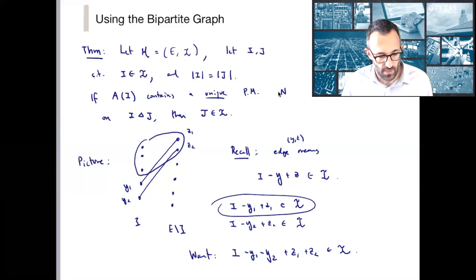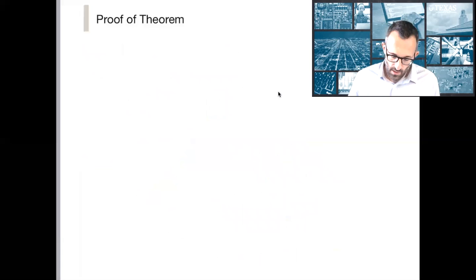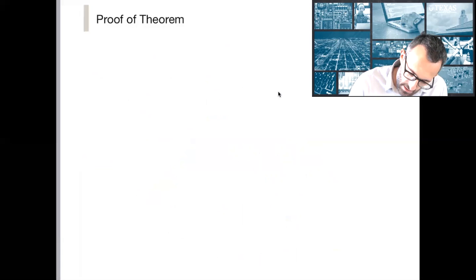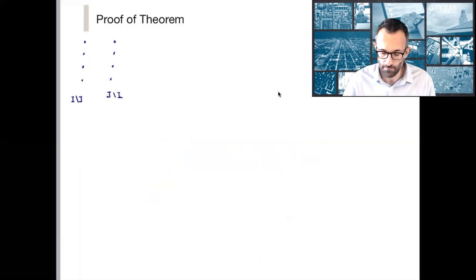So let's turn to the proof and see how it goes, and also to see where the uniqueness of the perfect matching comes in, and why that is important. So again, let me draw just what is matched. Let's suppose that this is I minus J, and this is J minus I here.